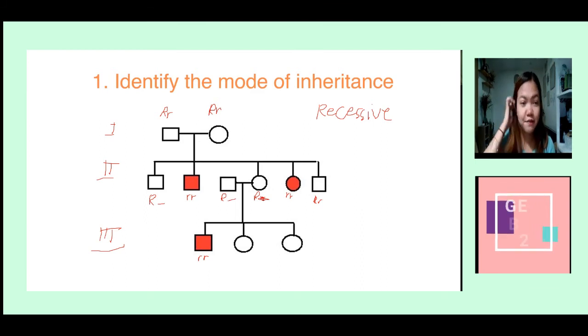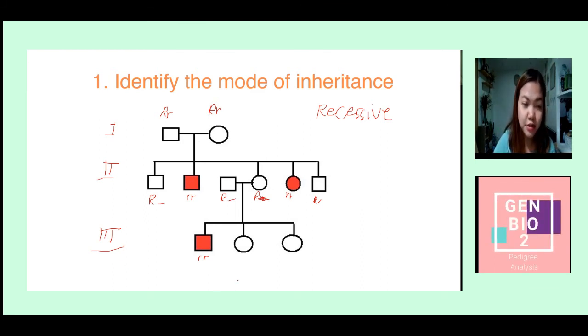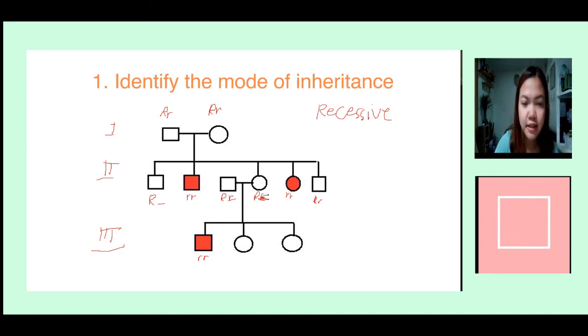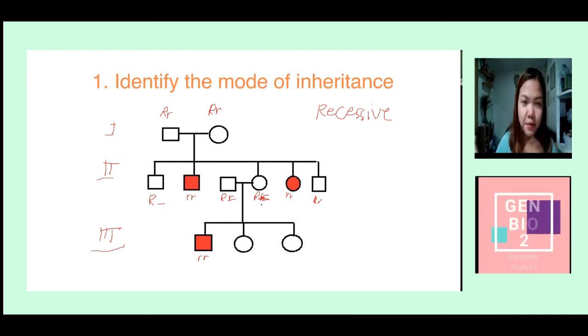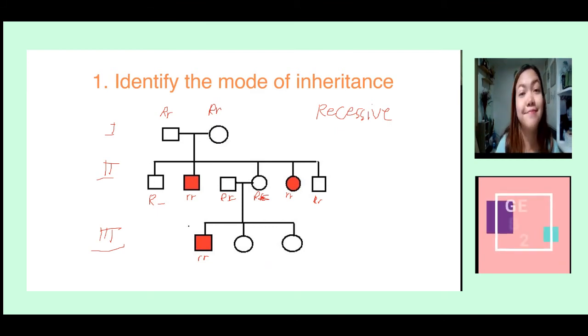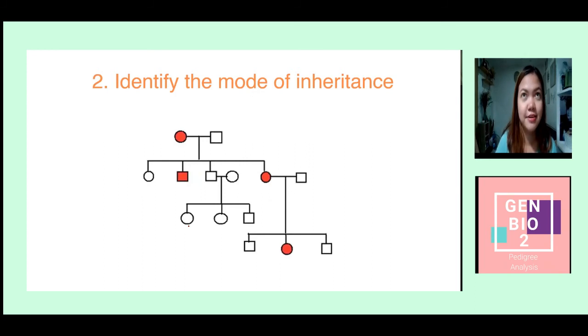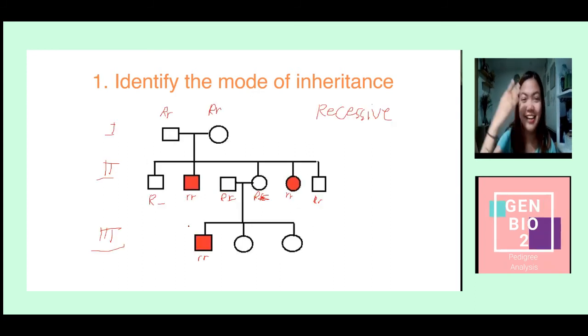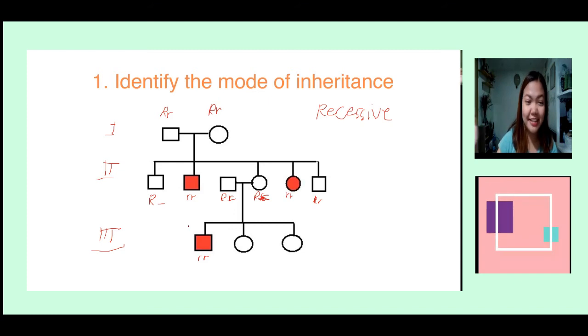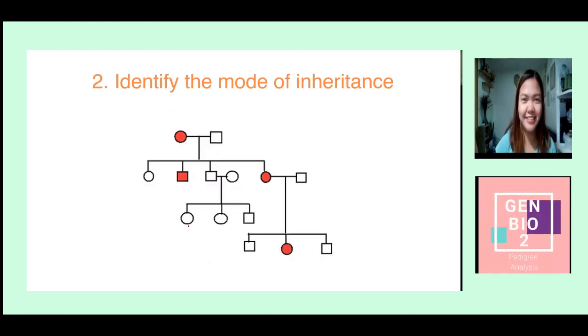But if we look into the third generation, kaanak sila na affected and unaffected, so hetero-hetero. Para pag pinag-cross sila, 75% unaffected, 25% affected.